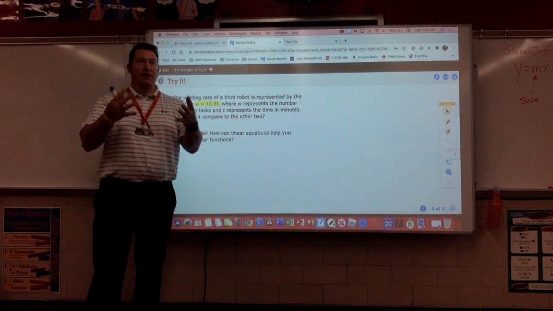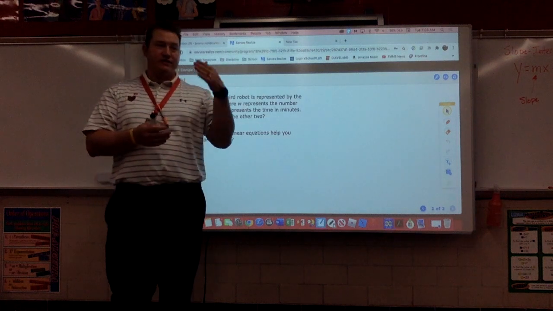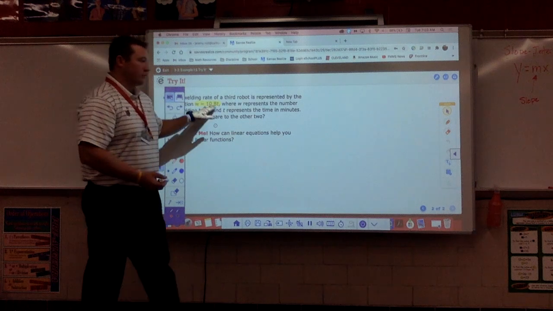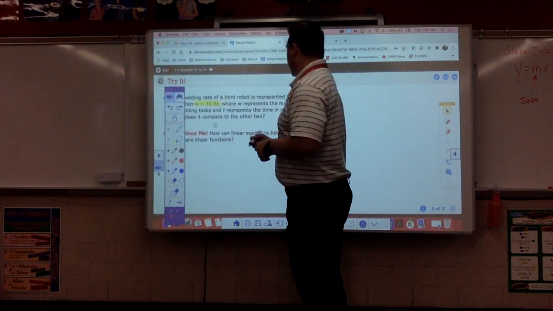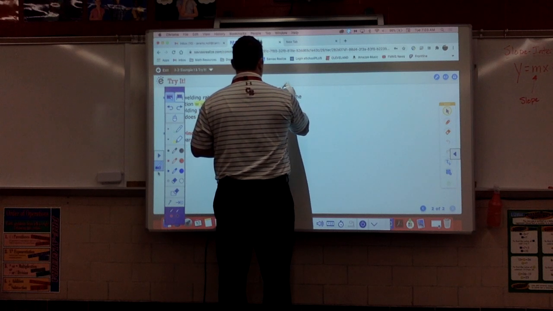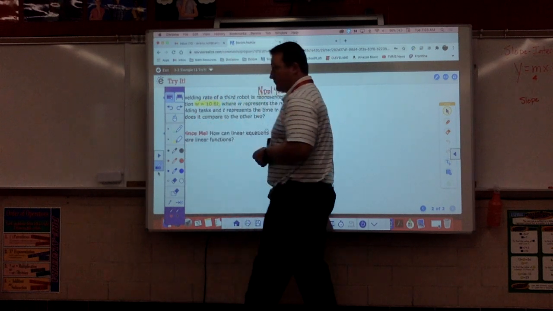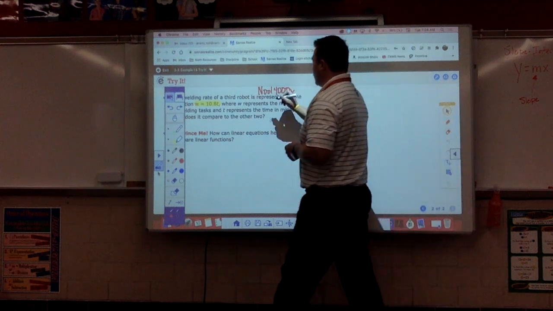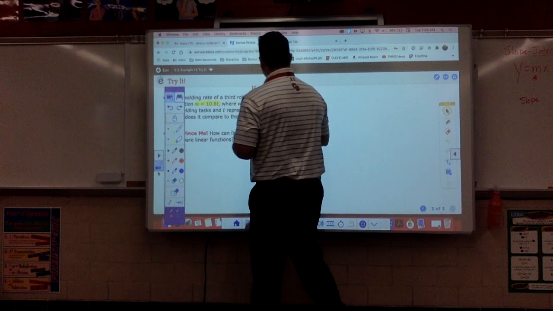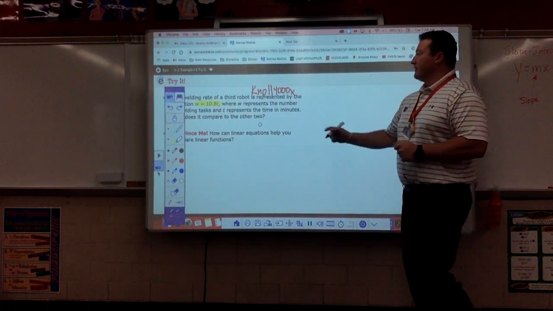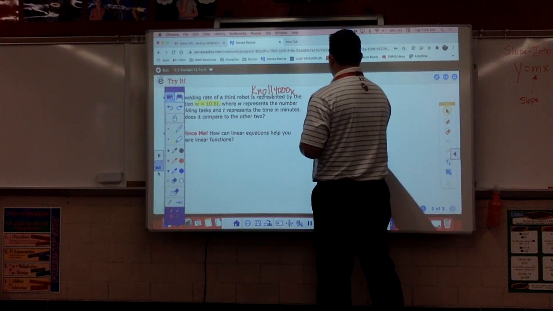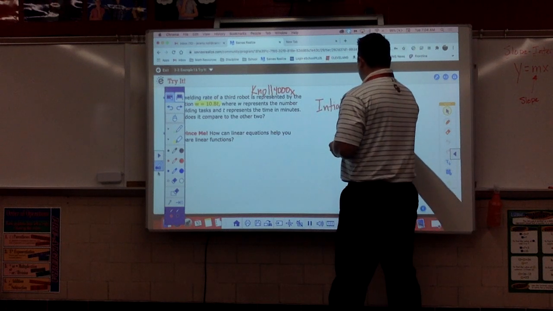Let's think about the other two robots. For starters, look at our initial value. What's my initial value for the Knoll 4000x? So initial value is identical, because it's 0.